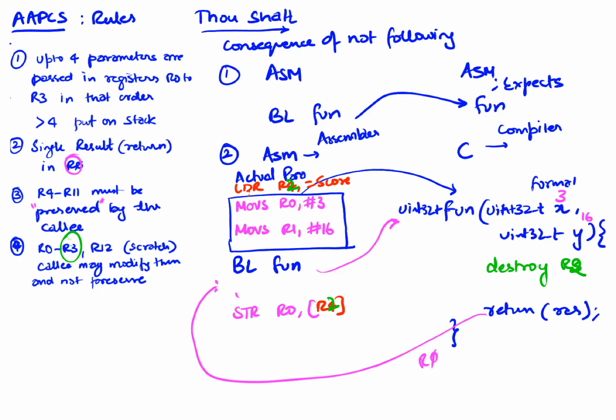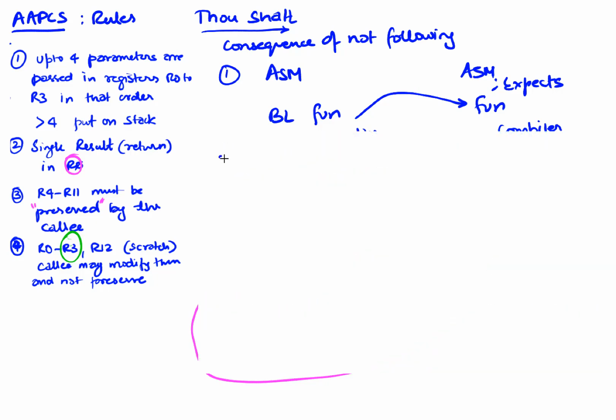Okay, good. Can you show me the other way around? Let's do a third scenario where C and assembly are like that, and C is the caller and assembly is the callee. Can I do that too? Yes, you can.